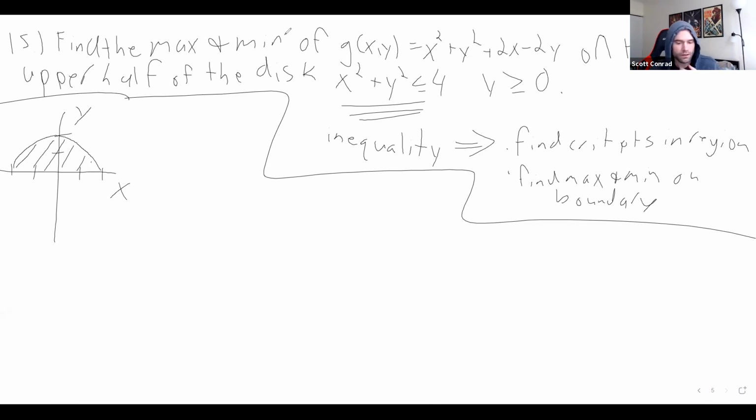Okay, so we can't describe the entire boundary in one equation. Half the boundary is going to be the circular part, half the boundary is going to be the piece of the x-axis. So we'll say the bottom guy is piece 1 of the boundary. And the top guy is going to be piece 2.